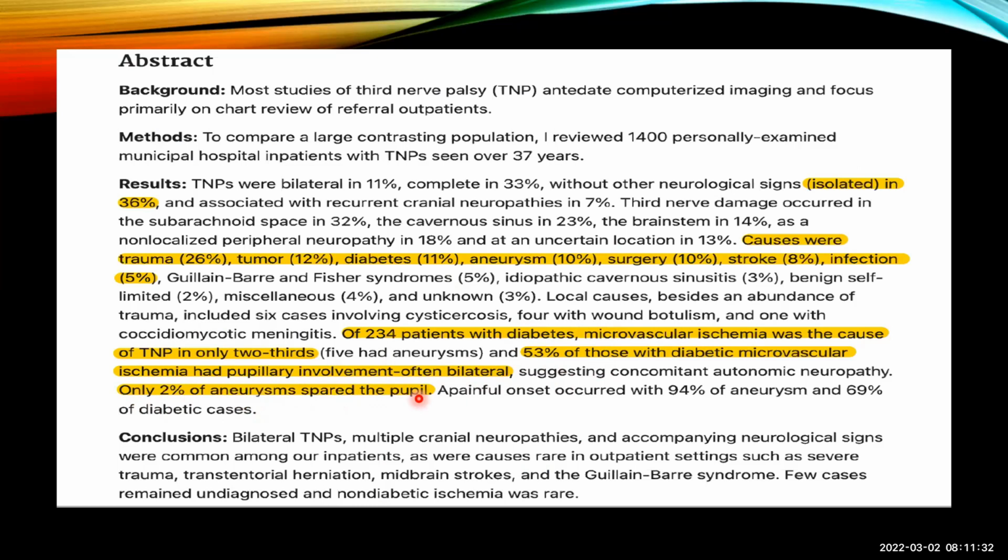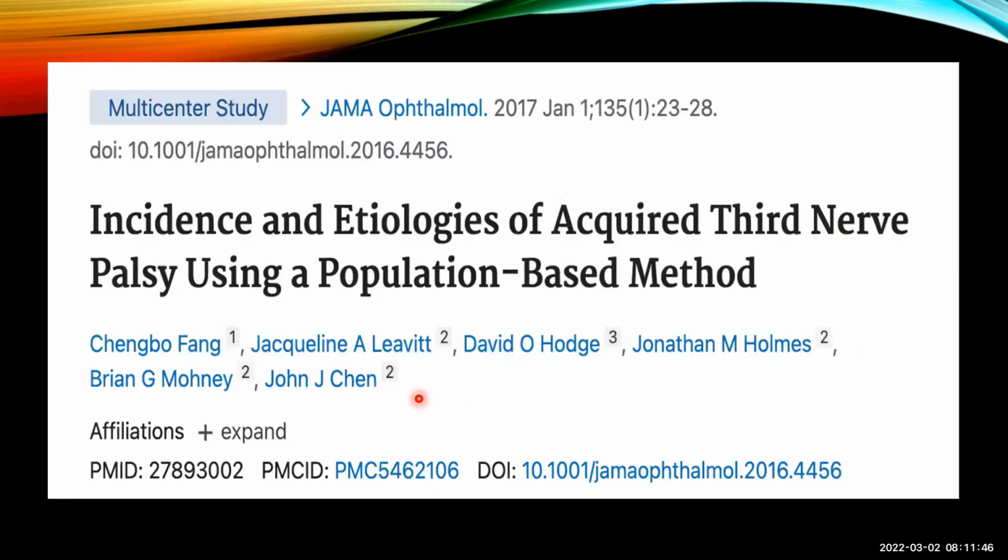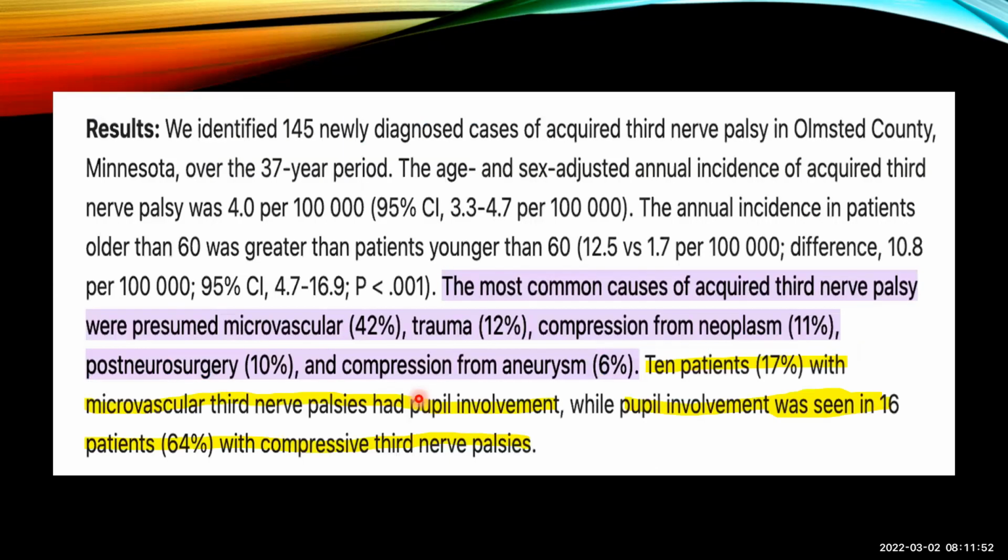This is the reason why the previous classification of surgical and medical cause is not broadly used currently, because not all the ischemic third nerve palsy will spare the pupil and not all the compressive third nerve palsy will involve the pupil. And Chen et al. has also reported a similar result on third nerve palsy.